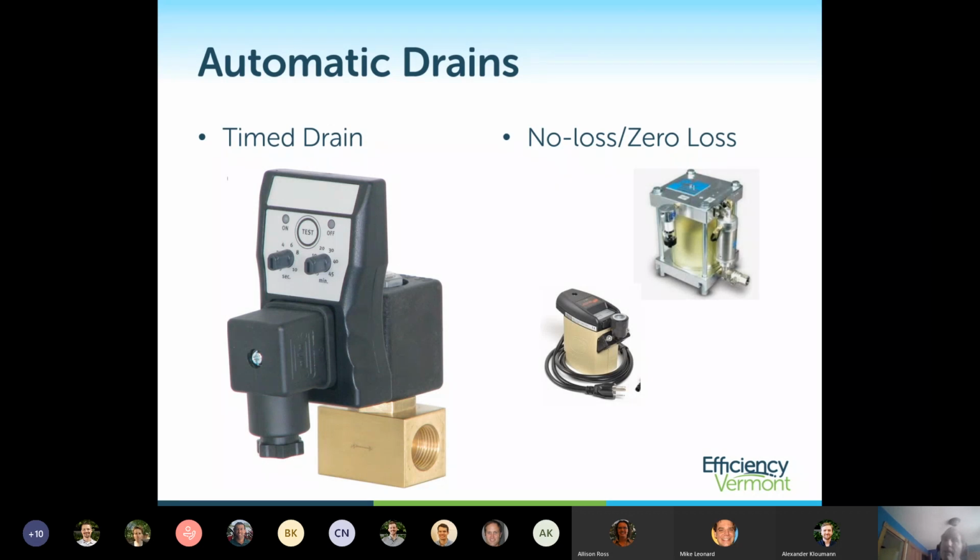But just before all the water is expelled, it closes the valve again. And it cycles on and off depending upon the moisture in the air and how much is condensed, as opposed to just this timed drain. And zero loss drains are an extremely cost-effective measure because you're not wasting air.